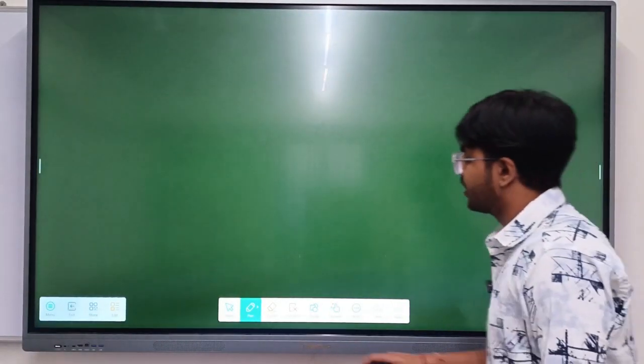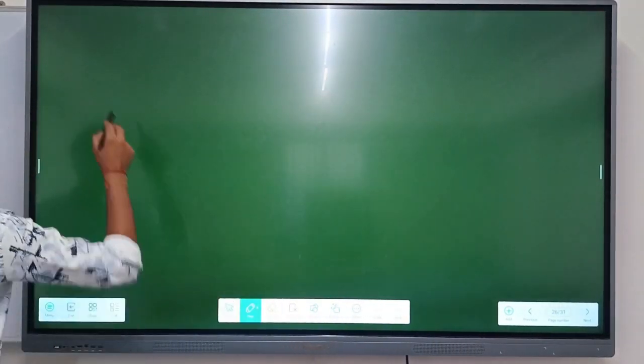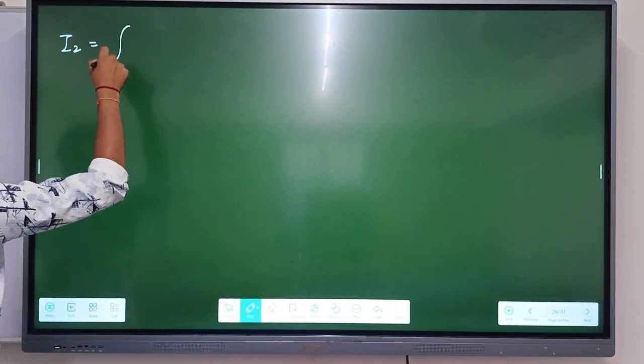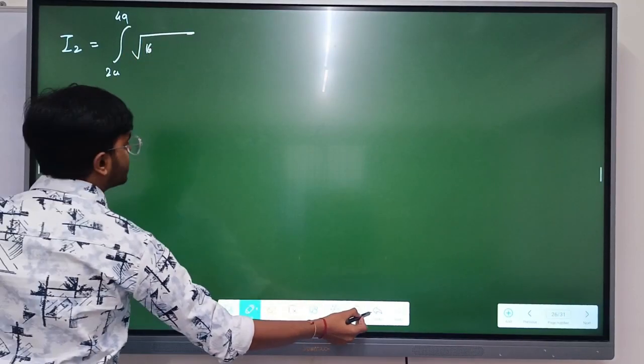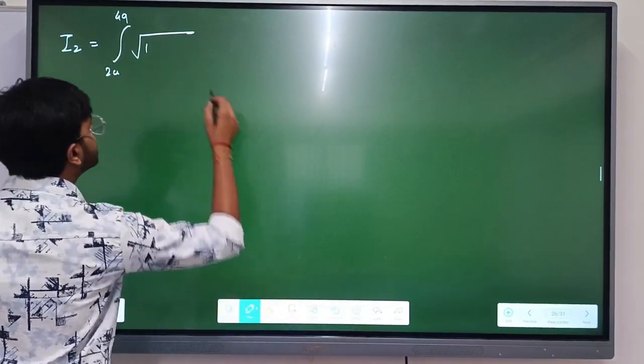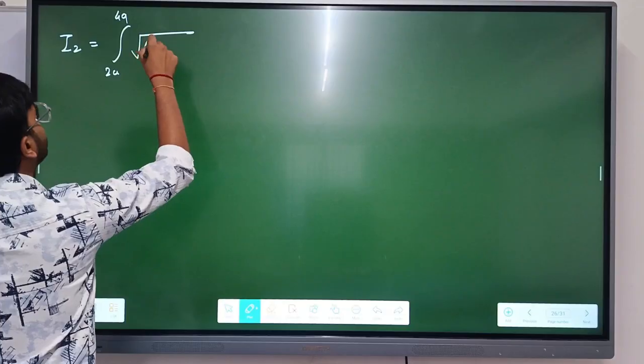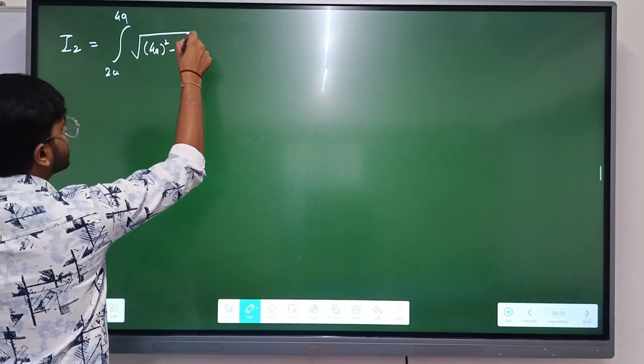Let's find I2. Okay, for I2, I2 is 2a to 4a, root 16a square, that is 4a whole square, minus x square dx.